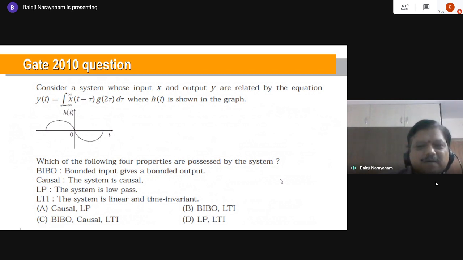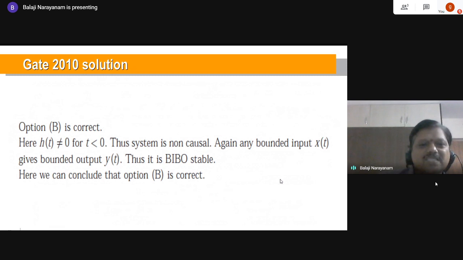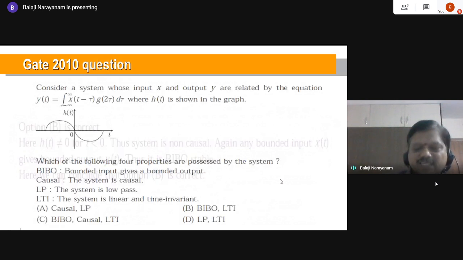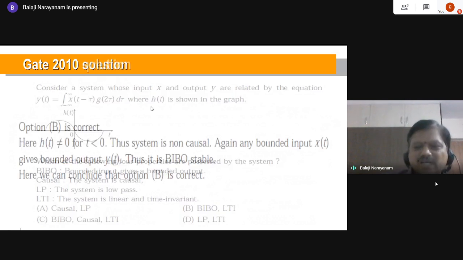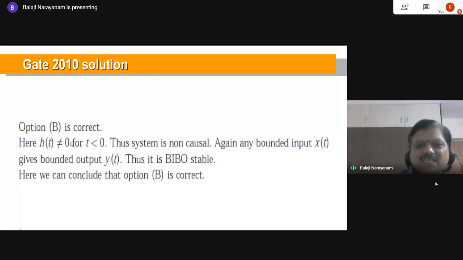So let us take this problem. Here h of t is not equal to 0 for t less than 0. Let us take t less than 0. So you may get x of minus tau g of minus 2 tau d tau, and your h of t is not equal to 0 for t less than 0, thus the system is non-causal.